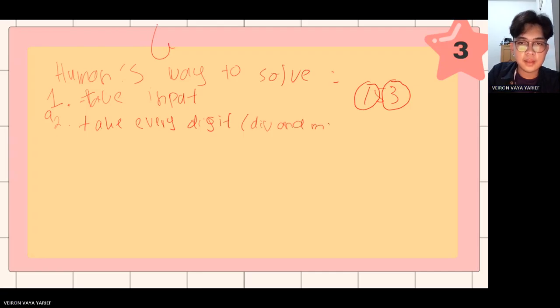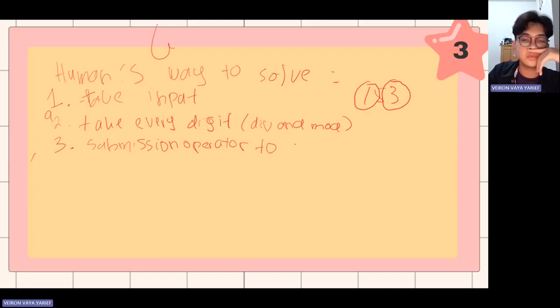After we take the digits, the third step will be to use the summation operator to plus all the digits.